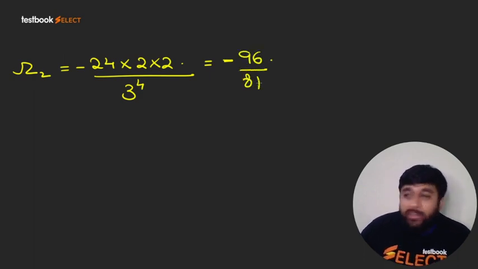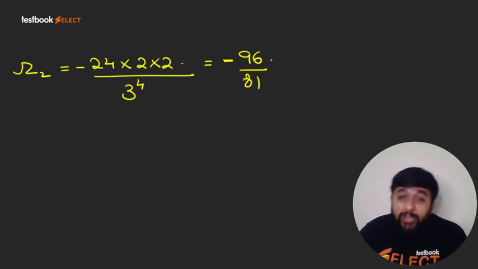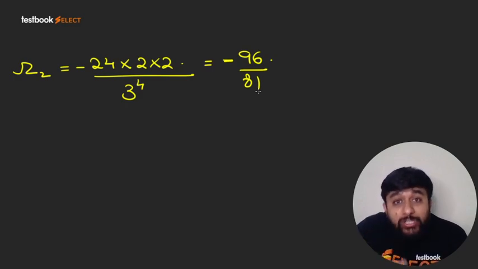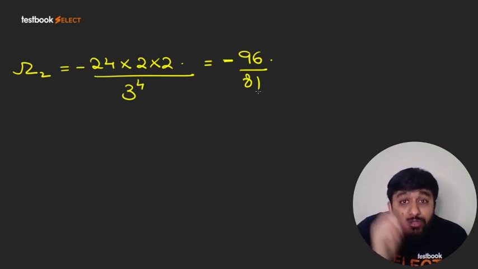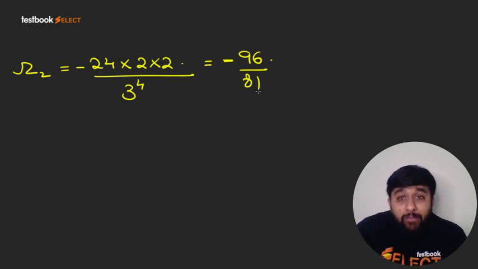So this is a rotational flow with vorticity minus 96 by 81 at point 2, 3 when the time is 2 seconds. Since vorticity is a function of coordinates of the point, different points will have different vorticity, and also vorticity is a function of time. So at a point, vorticity will change with time.